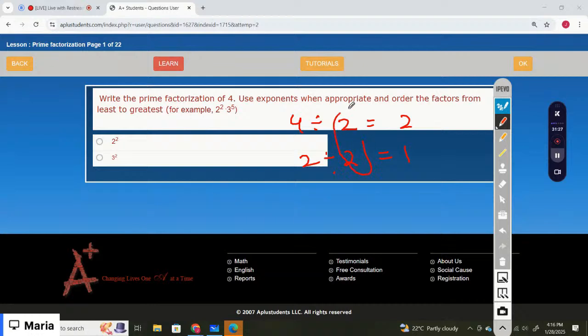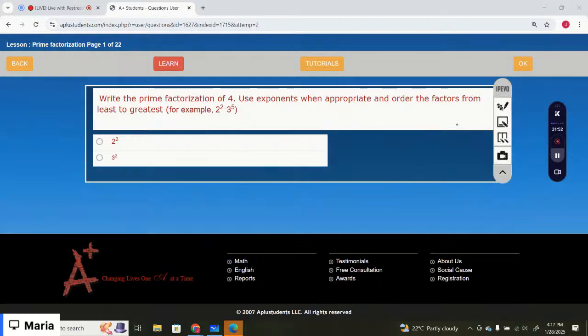So the prime factors are 2 times 2, which you can write as 2 square. Option number 1 is the correct option.